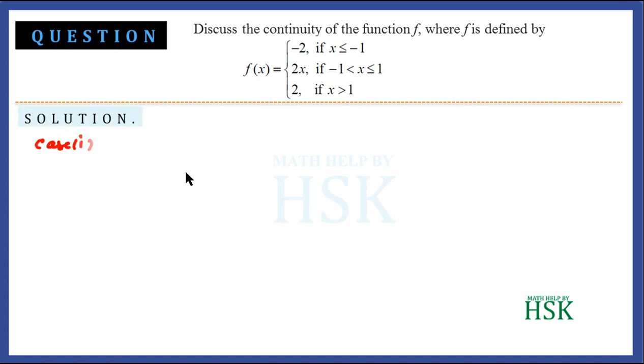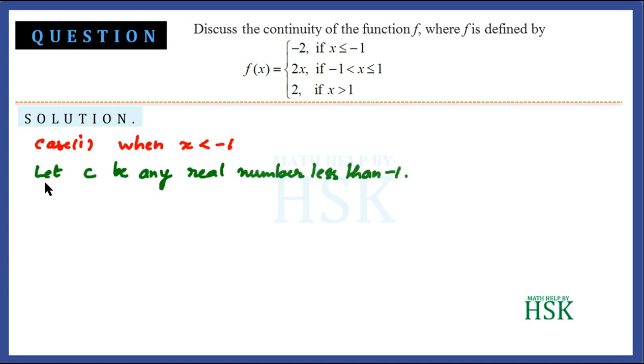So the first case which I take is when x is less than -1. When x is less than -1, f(x) takes the value equal to -2, as you can see.